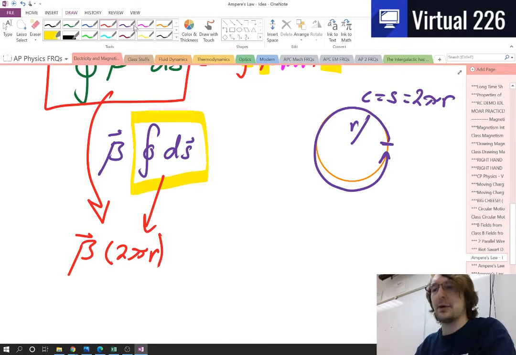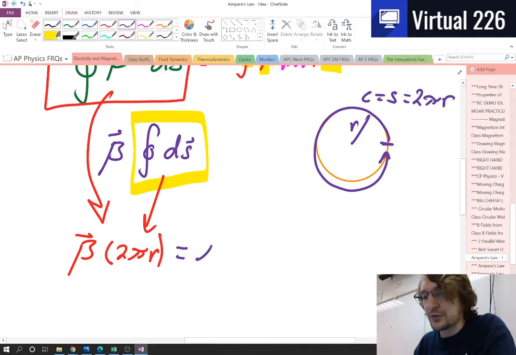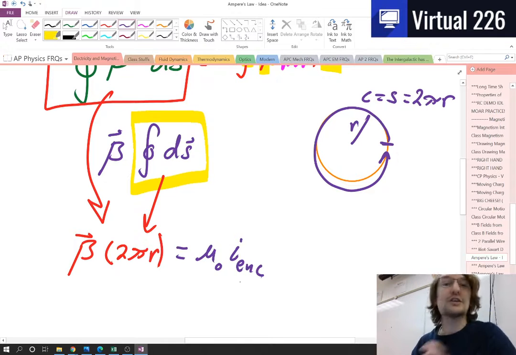And the brilliant part about this that Ampere found out was that this will always be equal to mu naught, that permeability of free space for a B field, times the current enclosed within your Amperian loop.